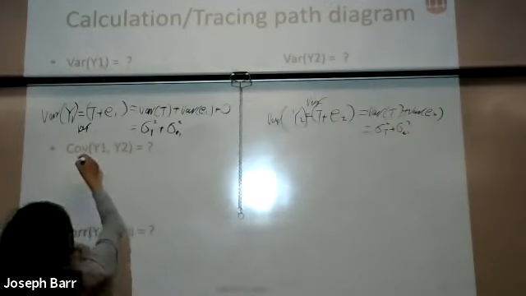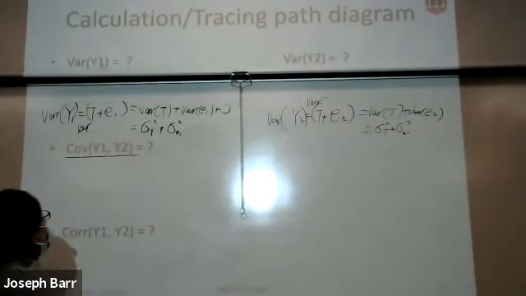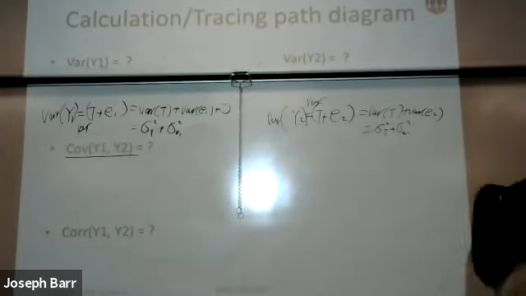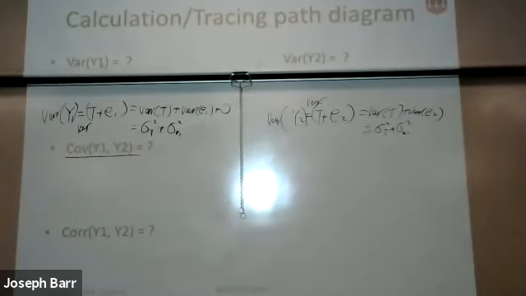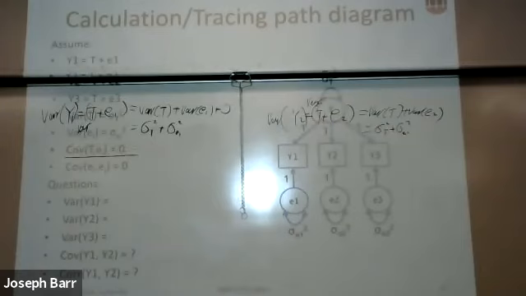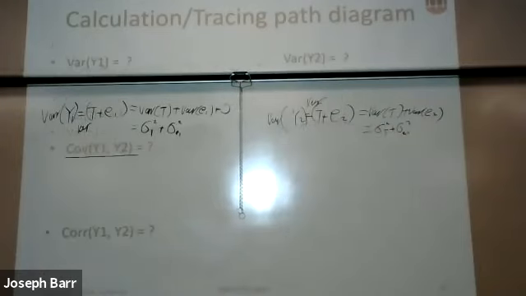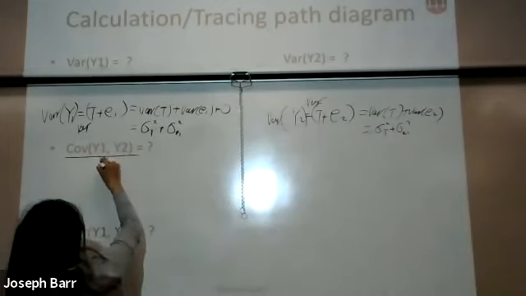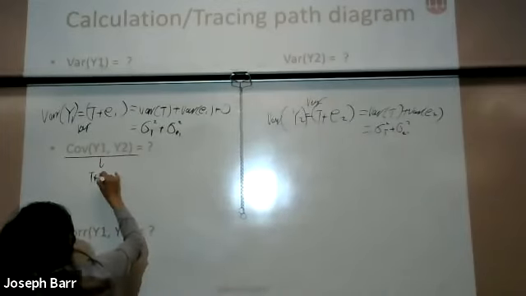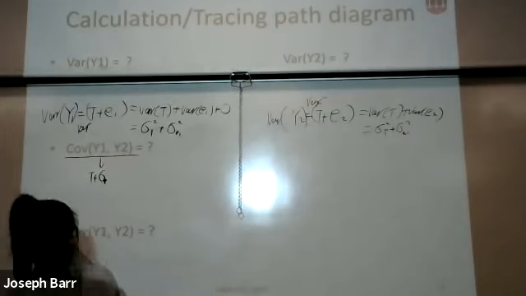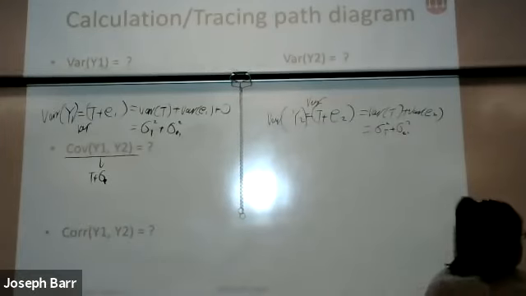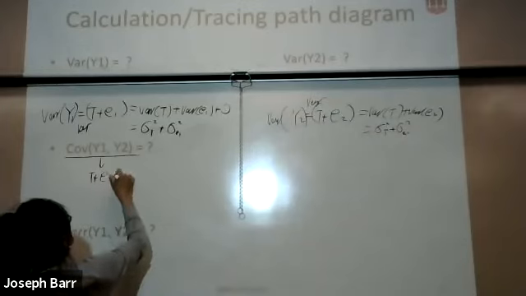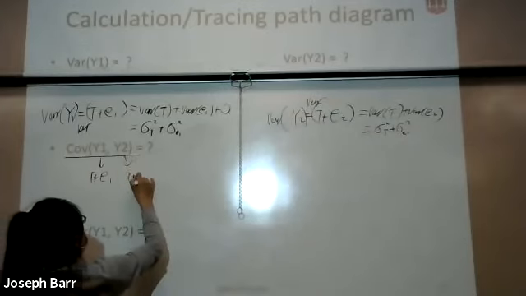And we can look at the covariance. Covariance is the same thing. So y1 is t plus e1, and y2 is t plus e2.